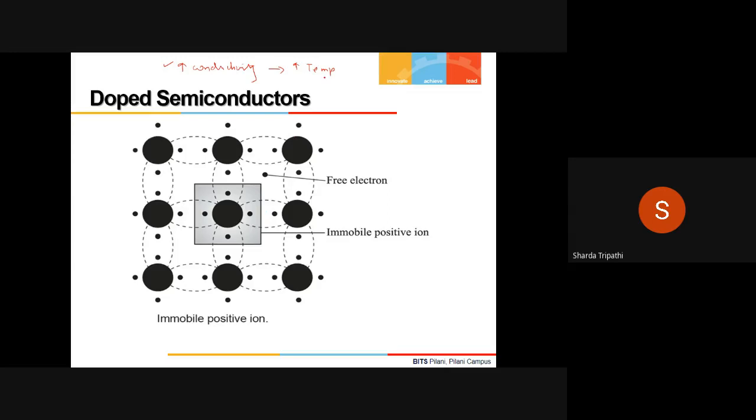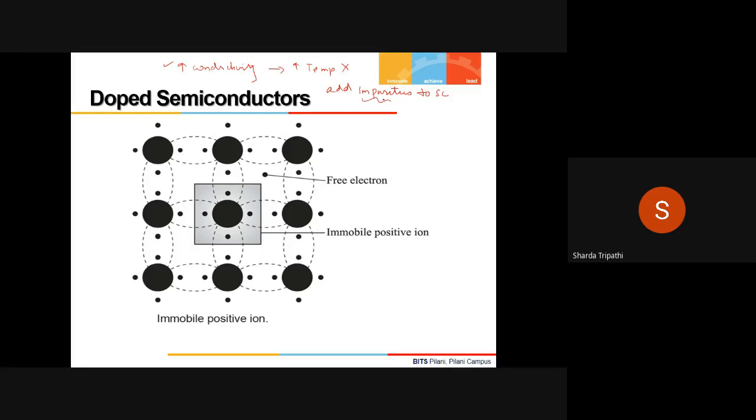So in that case, instead of increasing the temperature, we add impurities to the semiconductor material. Why am I calling this an impurity? Because this is not the same material as the semiconductor itself. So this will be some other material. What these impurities are and how they increase the conductivity is what we are going to see.